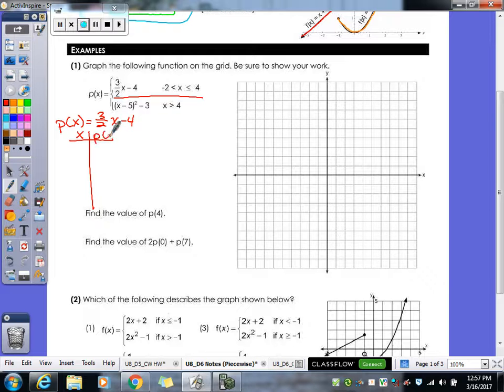I find table of values are the easiest way to graph these ones. They tell me for my x's to go from -2 to +4. So in my table, I'm going to fill in my x's from -2 to +4.